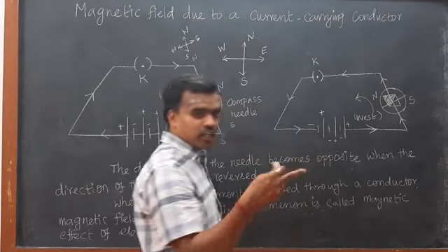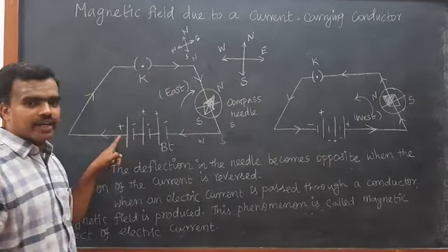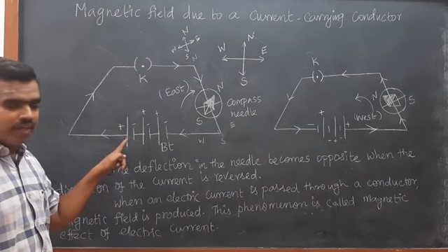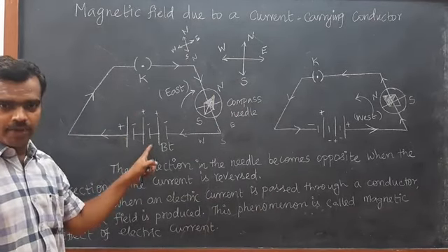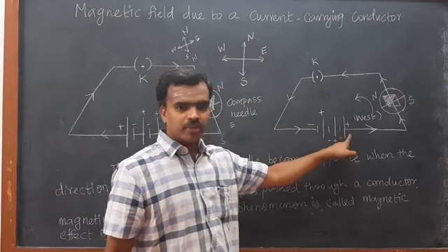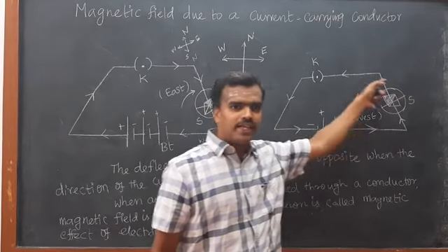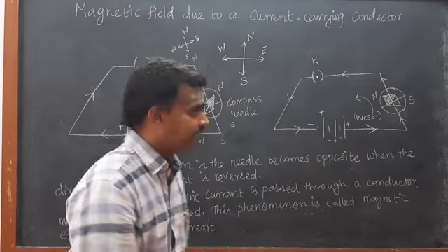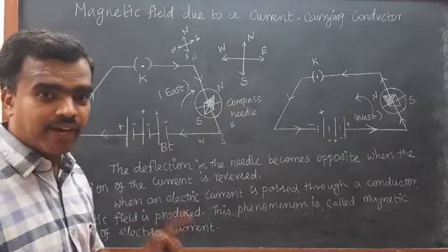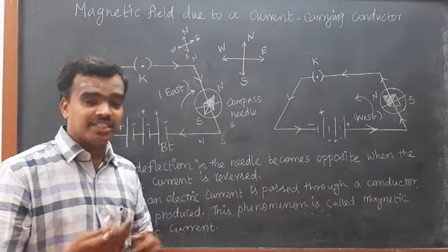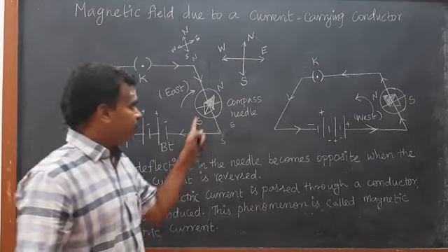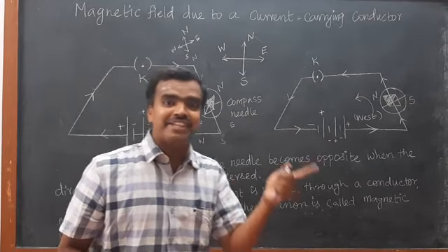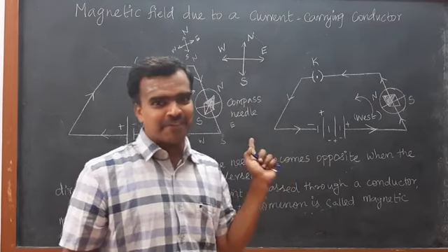The current direction also changes. The current always flows from the positive terminal to the negative terminal. Look at both diagrams: the direction of current is reversed, just the opposite direction. Therefore the compass will also be deflected in the opposite direction. This is the concept here.